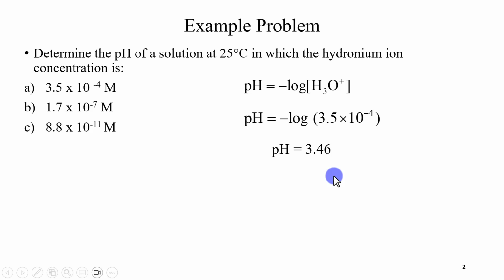Make sure that you know how to use your calculator when you're doing these. Every calculator seems to be slightly different. Some want you to hit the log base 10 first and then enter the number. Some want you to enter the number and then add the log. But figure out how to use your calculator. If you have to go back to the manual or go online and watch a YouTube video on how to use the calculator.